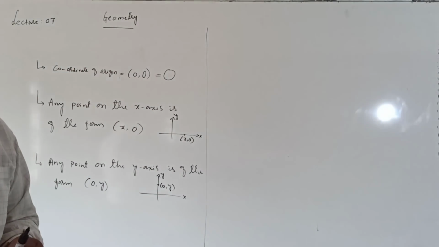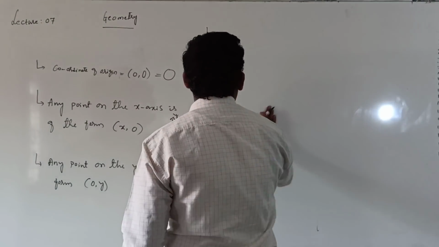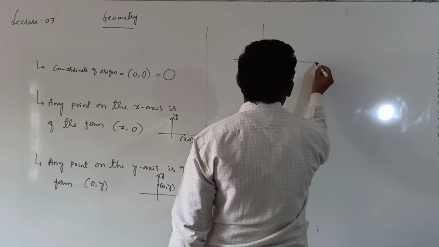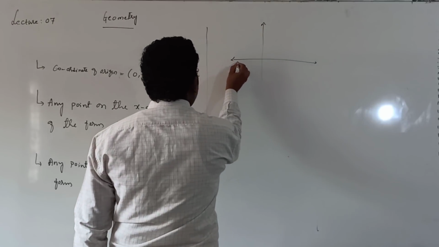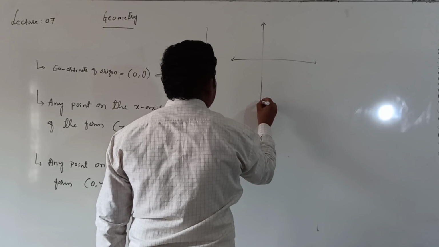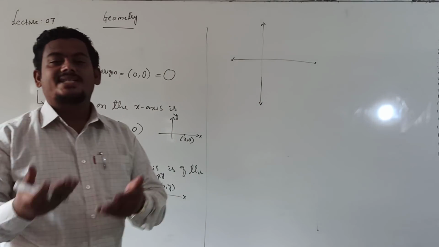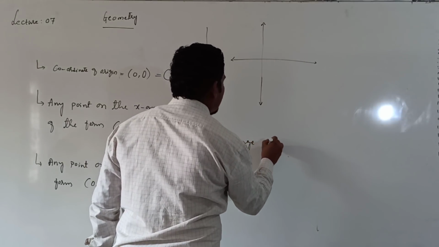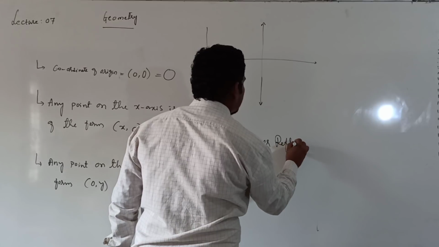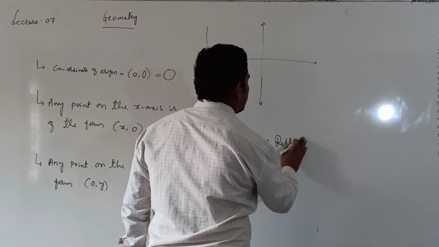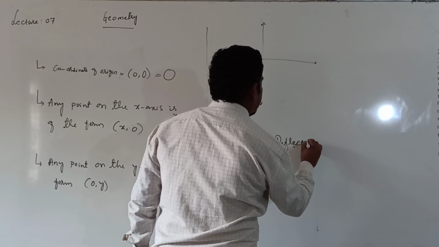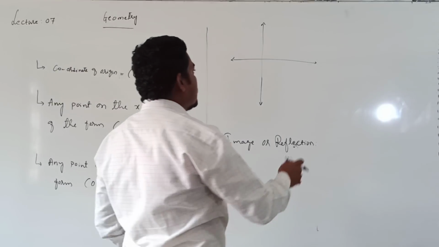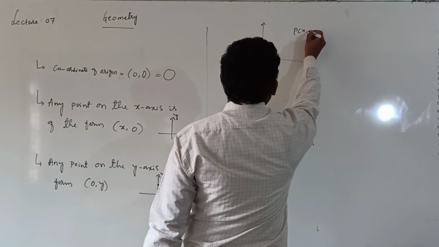Next, image of the point or reflection of the point, with respect to coordinate axis. Suppose the point is x comma y.